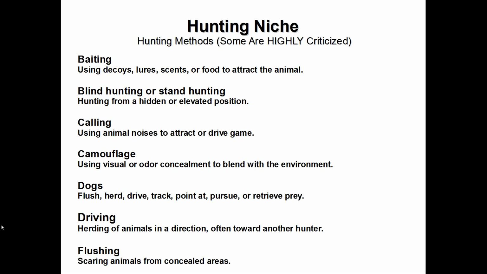Flushing is scaring animals from concealed areas. They'll make a lot of loud noises. Dogs actually are used in combination with flushing and maybe even calling or baiting as well for things like duck hunting, for example.